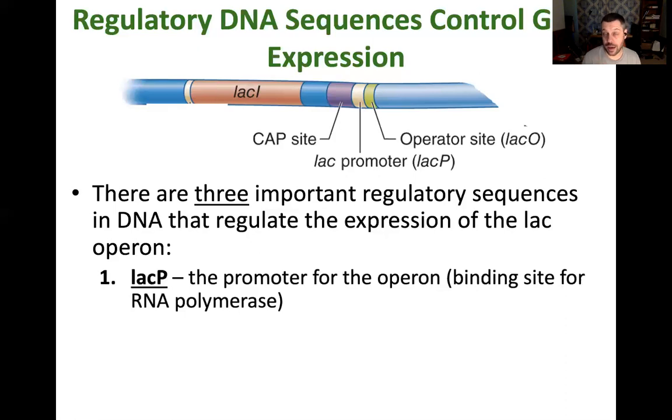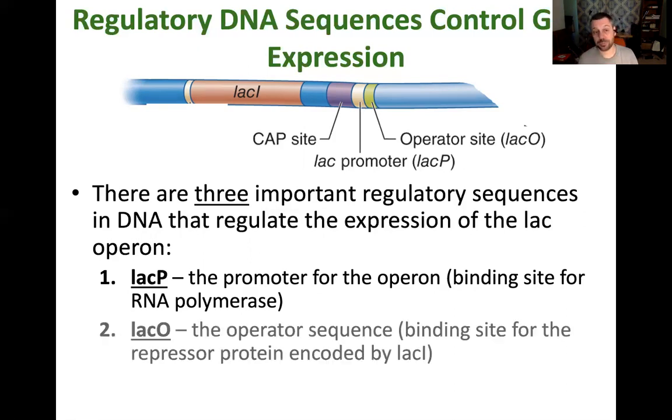All three of these sites are essentially just special sequences in the DNA that are landing sites for DNA binding proteins. One of those is RNA polymerase. Lac-O on the right here in green is called the operator sequence. This actually binds to the Lac-I repressor.